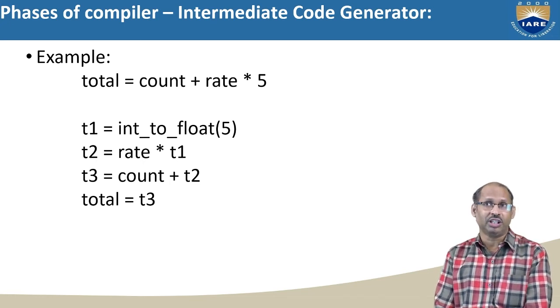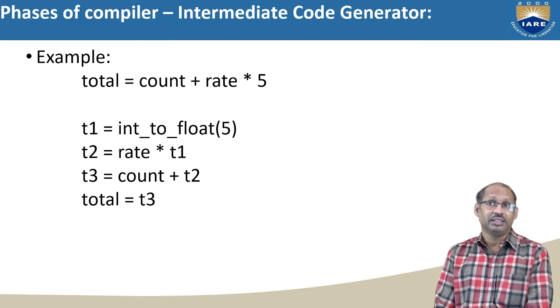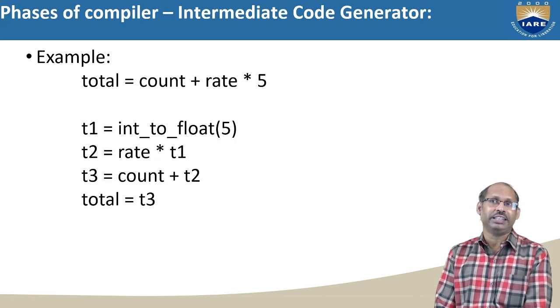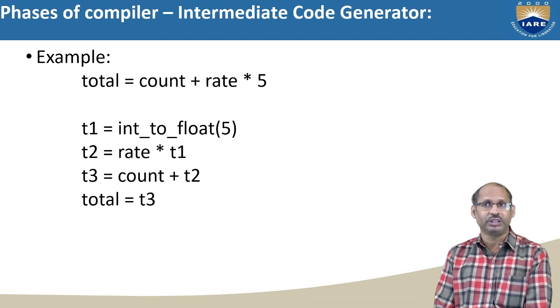So first task, int to float of 5. Here, 5 is converted to float type. Because total, count, rate are float types and 5 is integer type, the semantic analyzer will perform the conversion of 5 to float, right? Integer to float. Then float multiplication is taken care of by rate into T1.